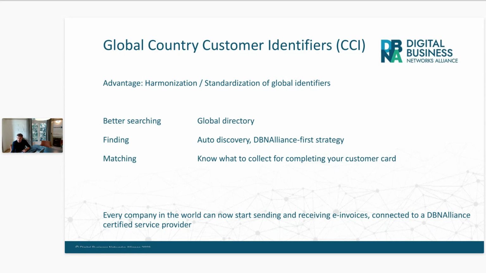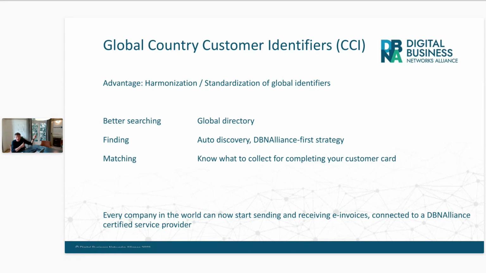And that's important because if you don't do DBNA first, that would mean that, for instance, you as a company yourself would decide that you will send an e-invoice to a specific customer. And that's really confusing because if a customer looks you up and sees, oh, my supplier is on the network, but if they sign up as a receiver and they don't receive anything, then there's big confusion.